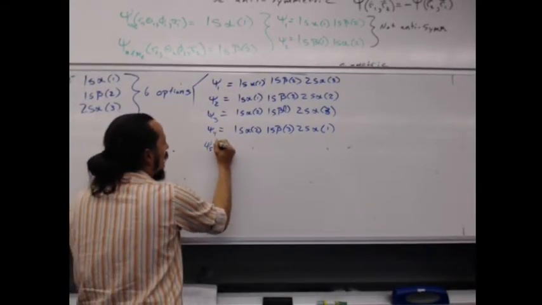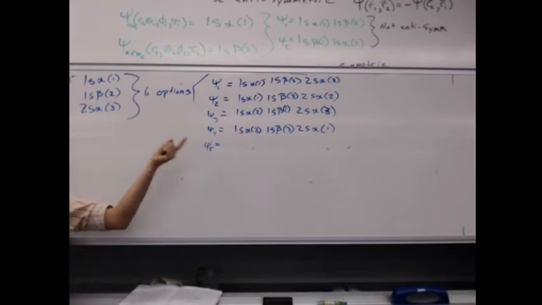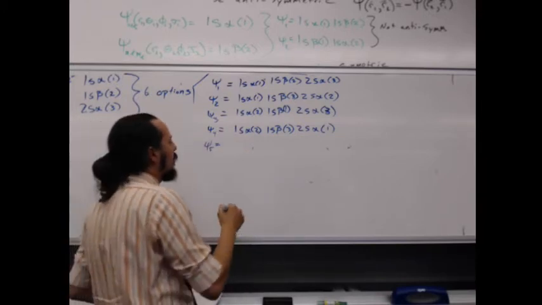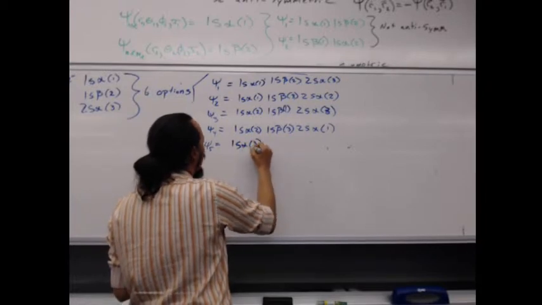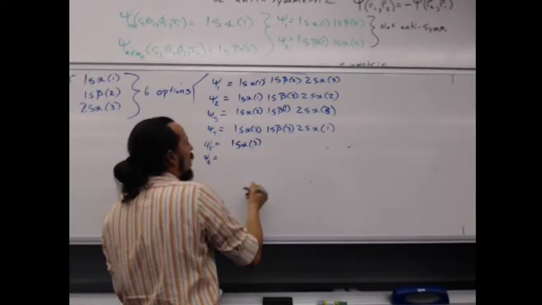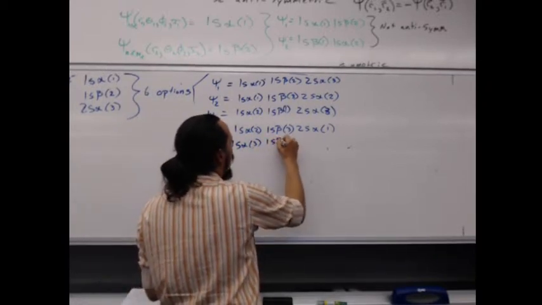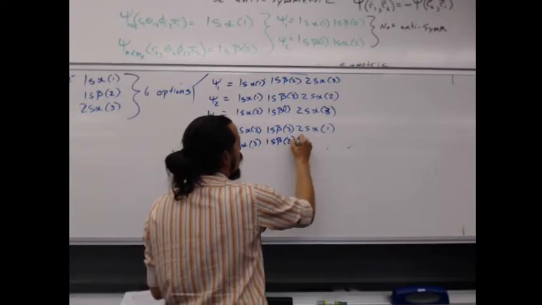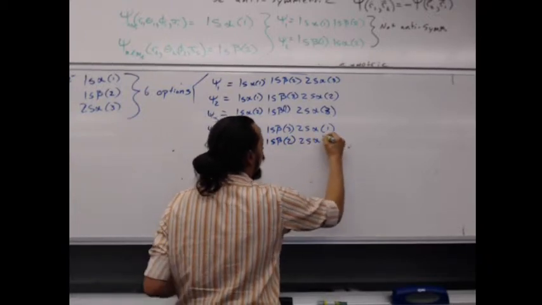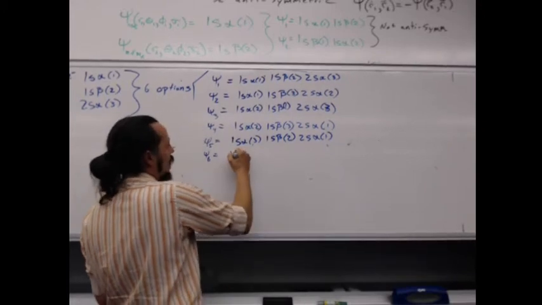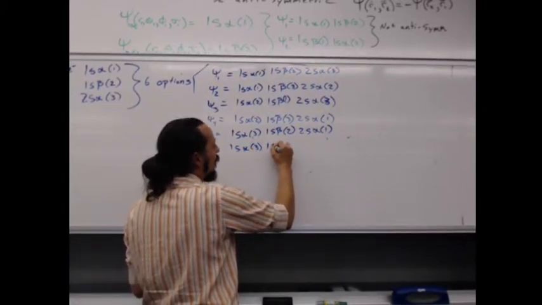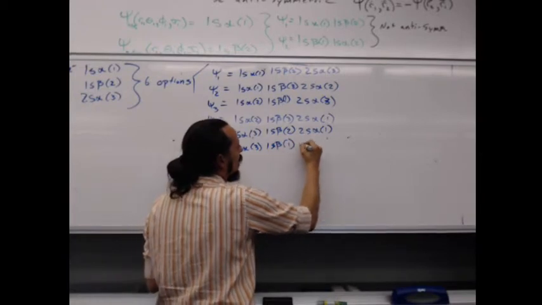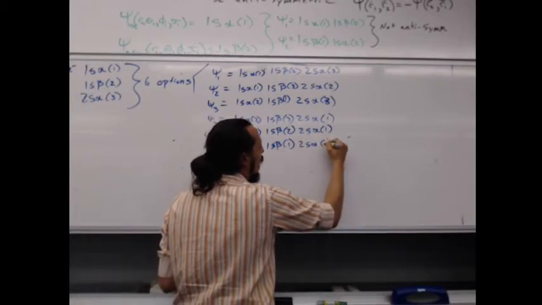Psi 5. And all I'm doing is I'm changing my labels around to make the different possible wave functions. 1s alpha 3, 1s beta 2, 2s alpha 1, and psi 6 is also going to look like this: 1s alpha 3, 1s beta 1, 2s alpha 2.